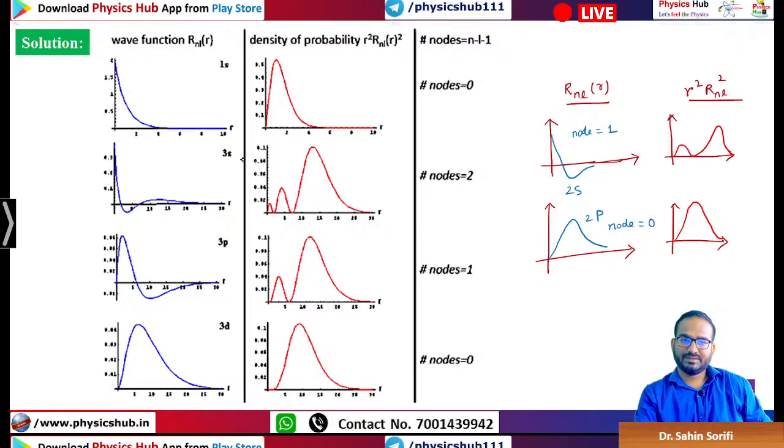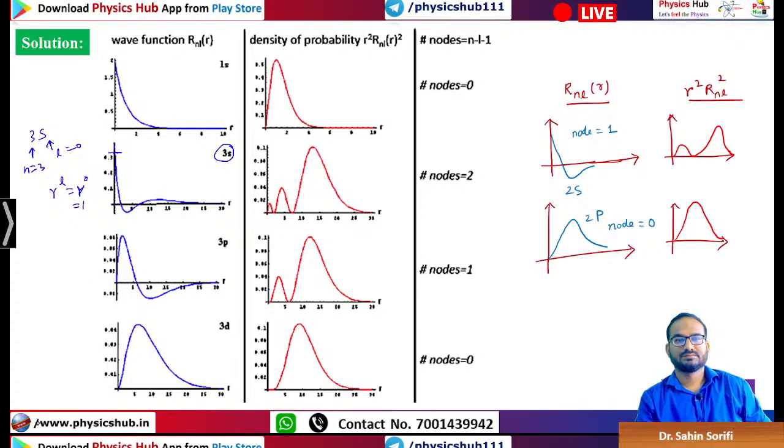So for 3s, just try to notice here, it is not 0 at r equals 0. It should be varying as r to the power l. So if you consider 3s, let's say, n equals 3, l equals 0. Now it varies as r to the power 0. So that is why it is not 0, it is 1. Or it is proportional to 1, you can say. Maybe more than 1, but it is not 0.